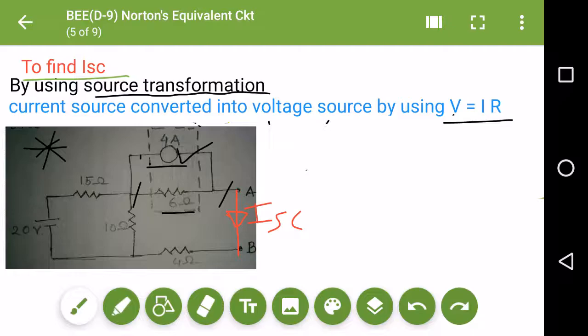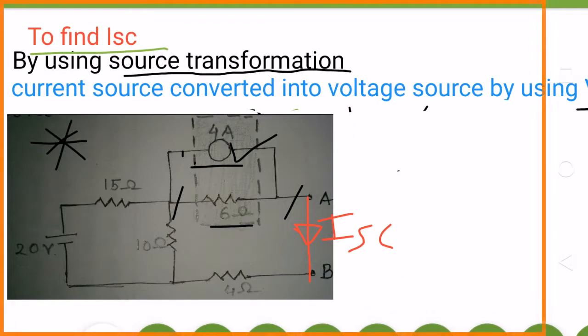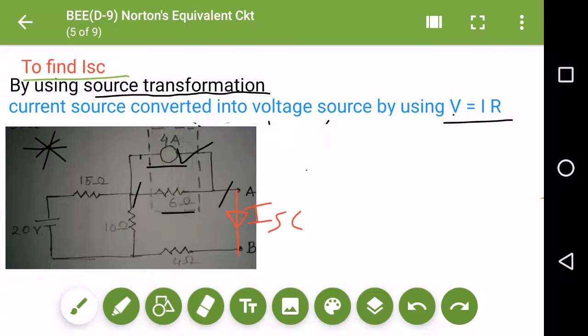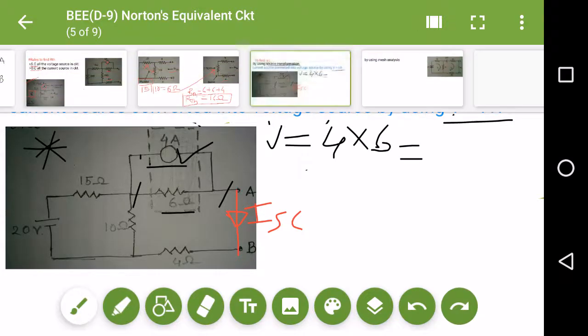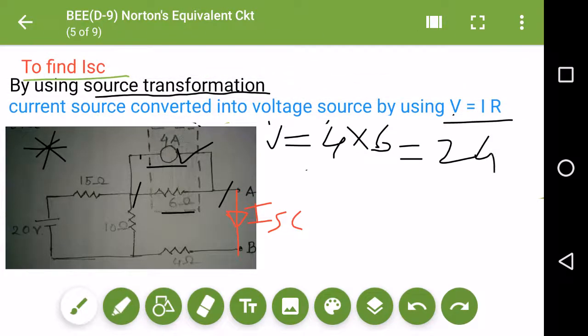Remember that my branch resistance will not change. I am just going to convert this current source into a voltage source. So the branch voltage will become current times resistance, that is 4 into 6, which is 24. 6 fours are 24 volt.